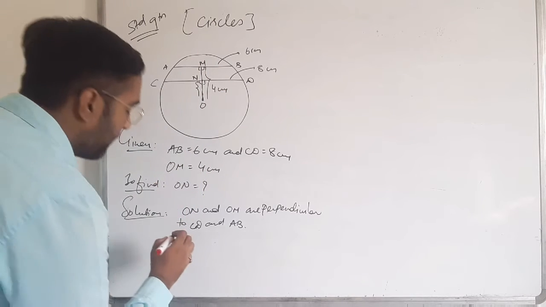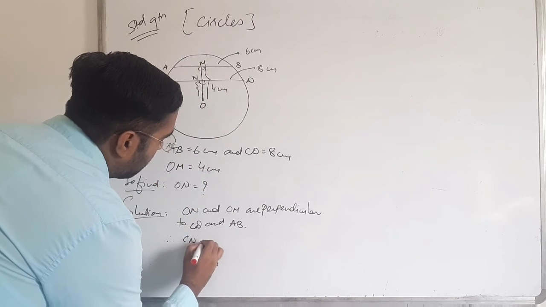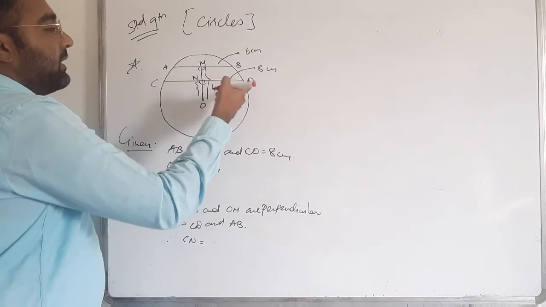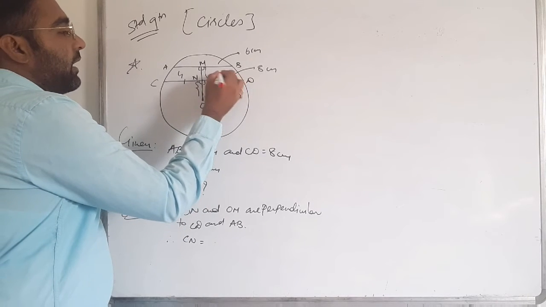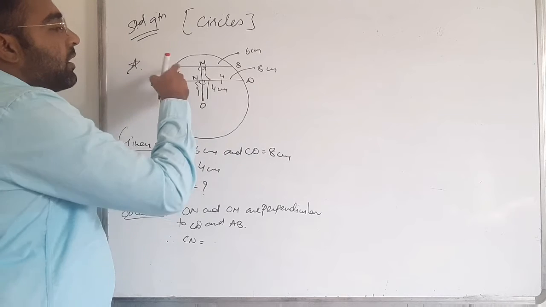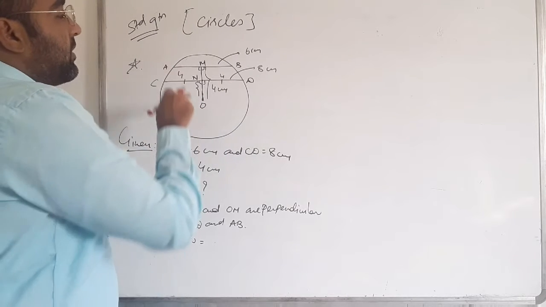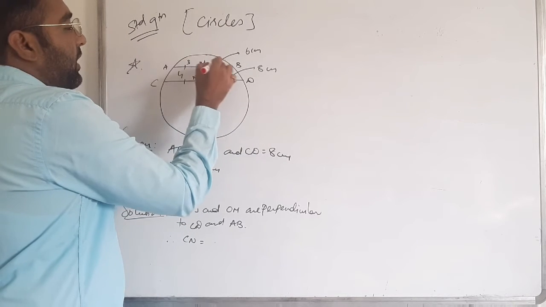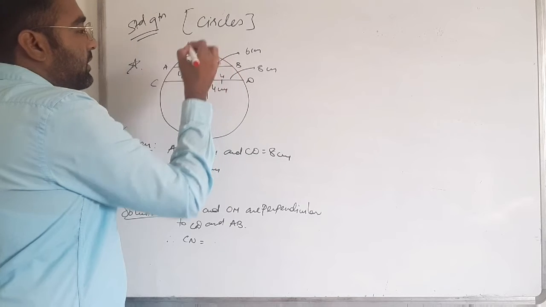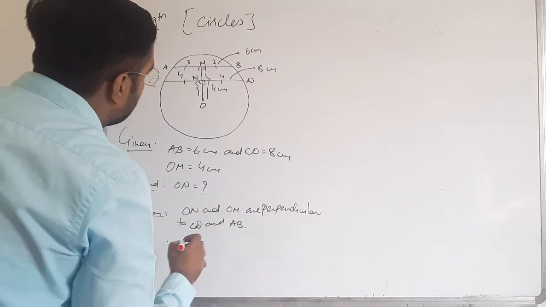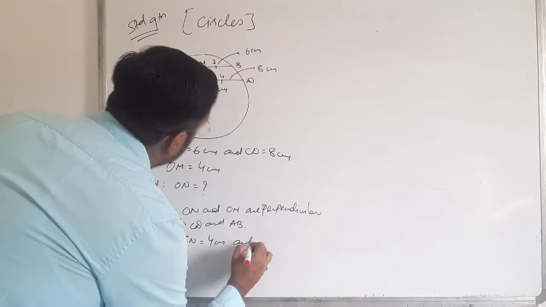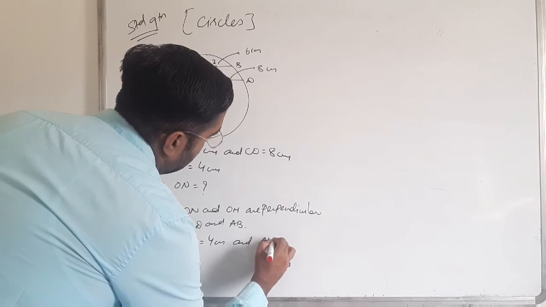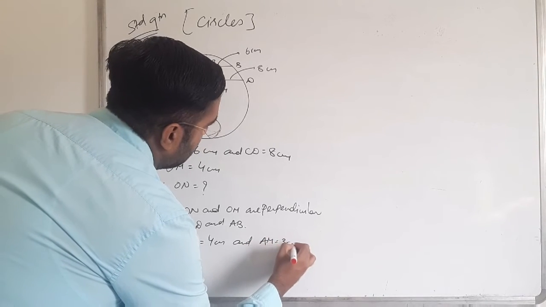So CN is half of CD, that is 8 centimeter, so CN is 4 centimeter and ND is also 4 centimeter. AB is 6 centimeter, therefore AM is 3 centimeter, and MB is also 3 centimeter. Clear? Then CN equals 4 centimeter and AM equals 3 centimeter.